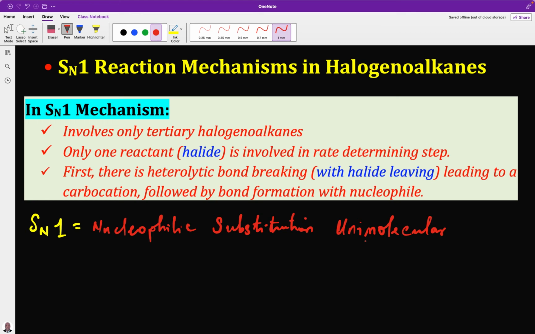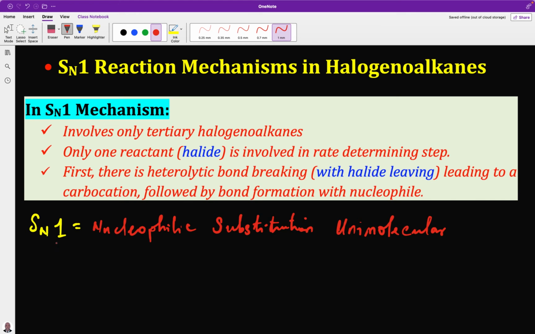So N stands for nucleophilic, S stands for substitution, and unimolecular stands for the number of only one reacting species involved in the rate determining step. If it was SN2, we will say it is nucleophilic substitution bimolecular.